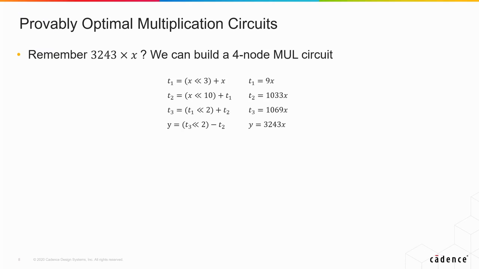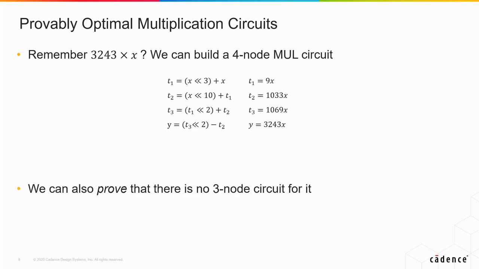You can see how it works. We build some temporary results. We build T1 from the input, then we build T2 based on the input and T1, then we build T3 based on T1 and T2, and finally we build the output of the multiplication circuit based on T3 and T2. You are welcome to check the math. It all works fine.